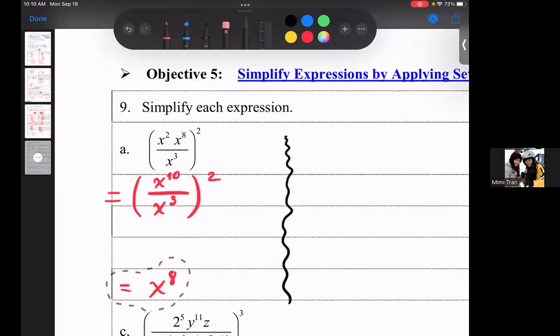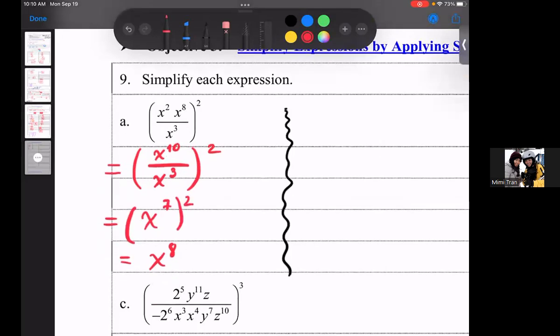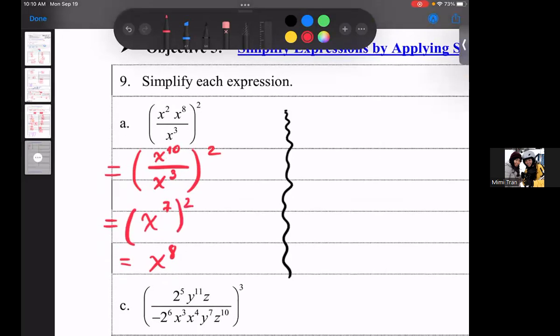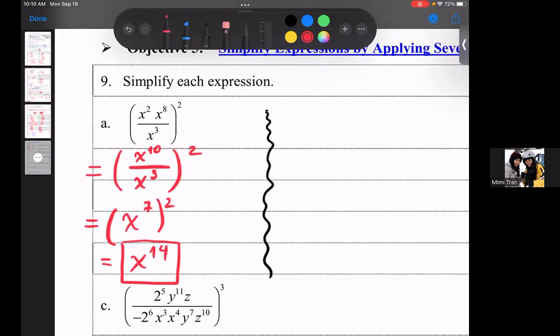X to the 10 divided by x cubed is, quotient rule, x to the 7, and then squared outside. Don't forget the square. 7 squared is 7 times 2, which is 14. So that's my method. I clean up inside the parentheses first, and then I square it last. Right now, student, do this.